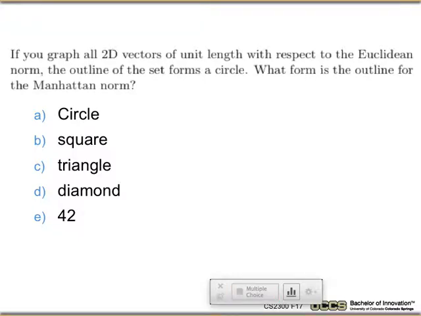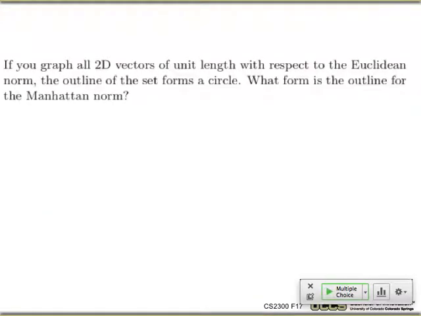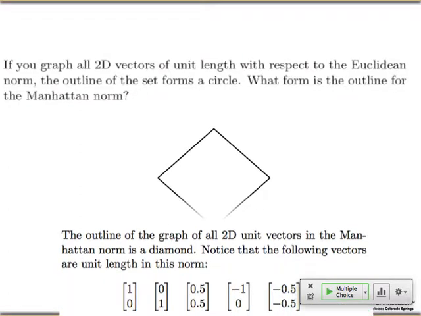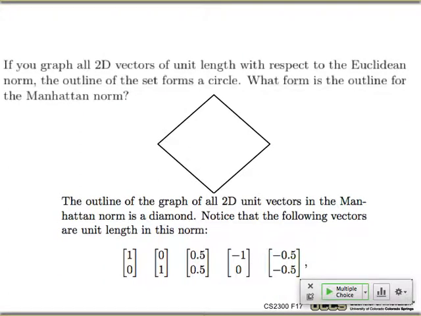Okay, so when we think about what norms are, the Manhattan norm is what happens when I take the x component plus the y component. So it's like how much did I go in x plus how much I went in y. So equidistant in that norm is a diamond, right? Just because I go over and up or up and over, it gives me the same distance.